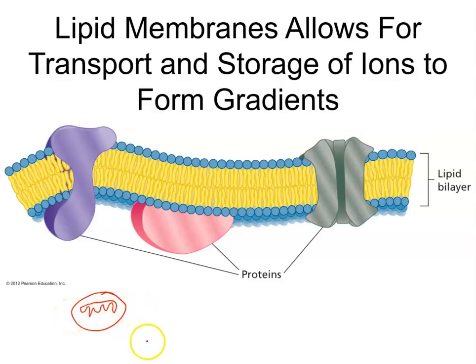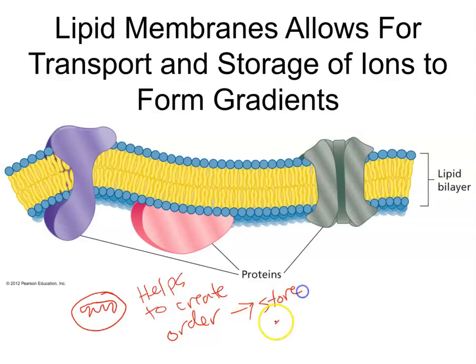We can make different compartments and we can organize these and put things in different parts of that, and we can create order. So it helps us to create order and store energy. Once we have order created, we can allow chaos to form, and that also allows us to release energy. So remember that importance of compartmentalization, of order, and mitochondria are those little compartments where that magic happens.